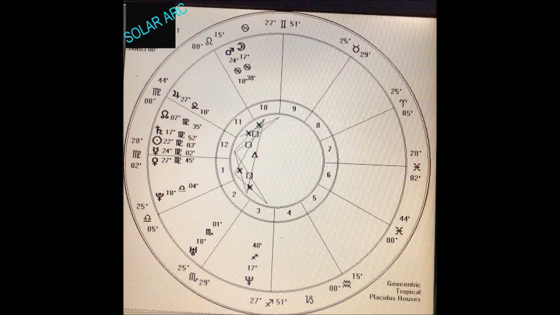So there's a difference between directing and progressing. So let me get back to the progression. Although I'm using solar arc progressions here, I just wanted to make the distinction between directing and progressing.